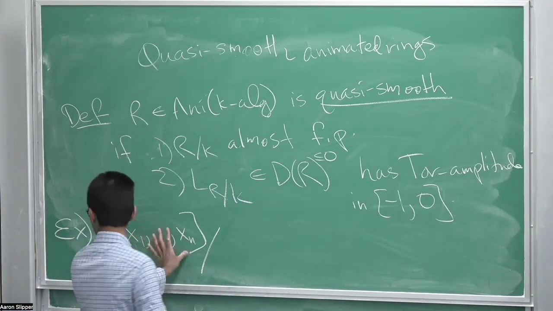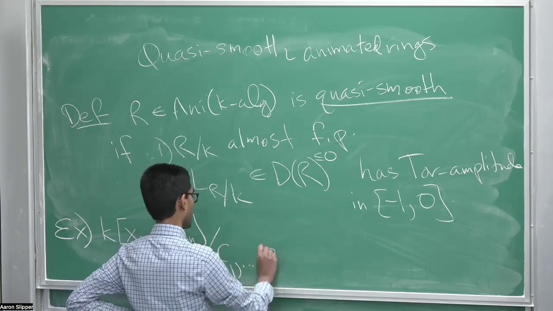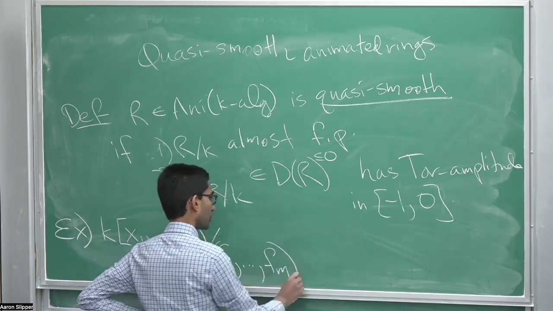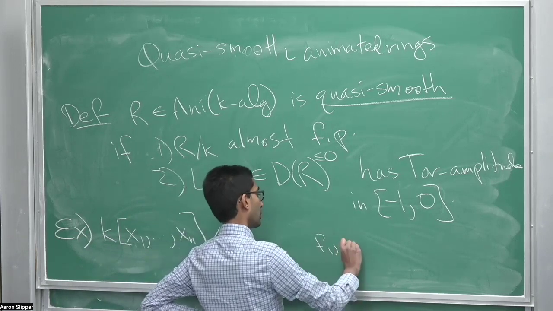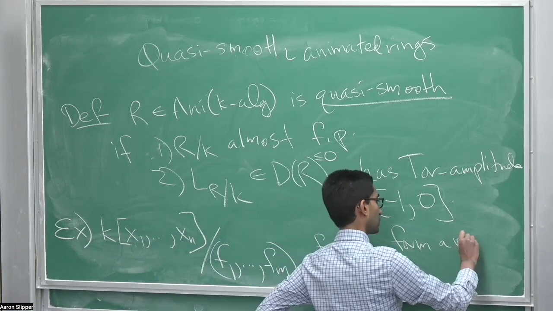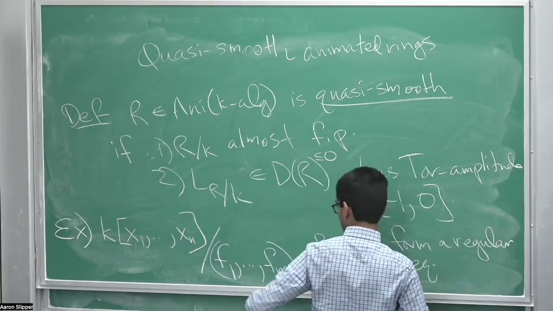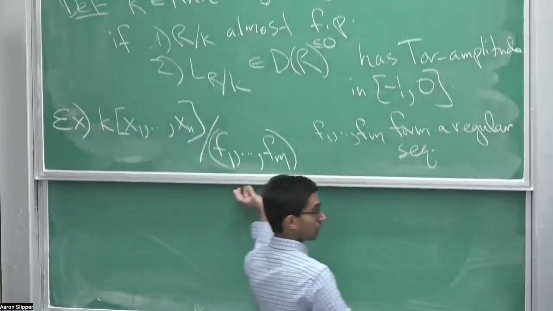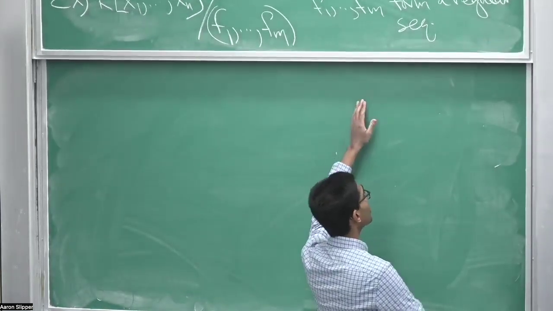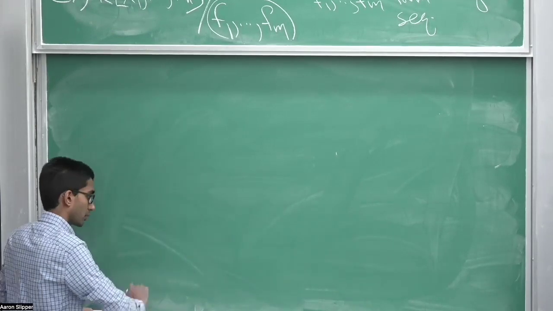So let's take a polynomial ring on variables X1 through Xn and mod out by f1 through fm, polynomials where f1 through fm form a regular sequence. Right, so in this case, R is quasi-smooth.